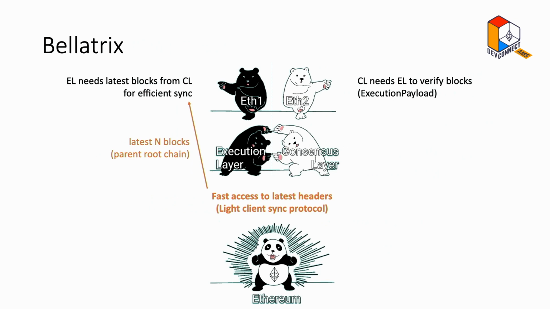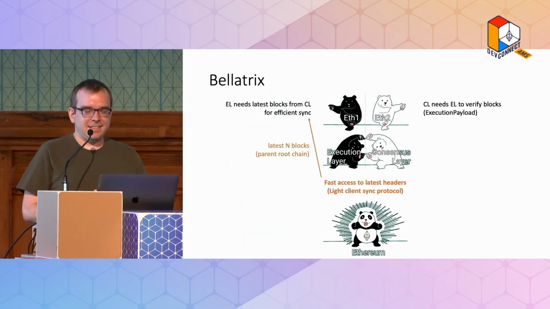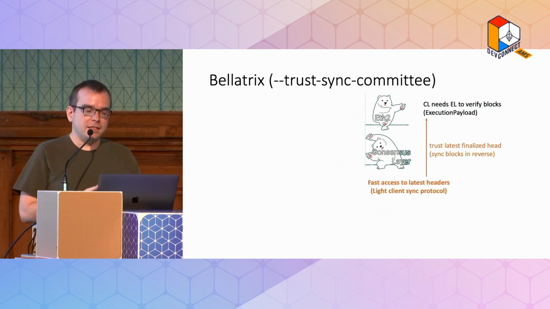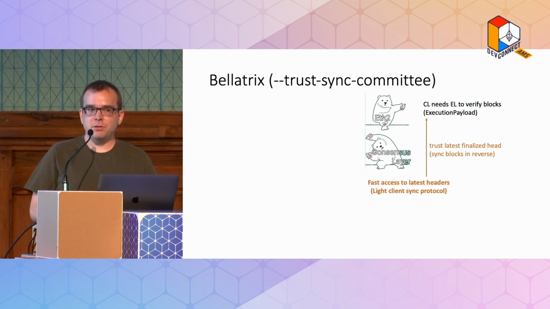On the other side, can we run a CL without an EL? Yes. You can use this to just trust the latest finalized head, use it as your trusted checkpoint, and sync backwards from there. In this situation you get up to speed much quicker, because you no longer have to verify the blocks fully, only the proposer signatures.